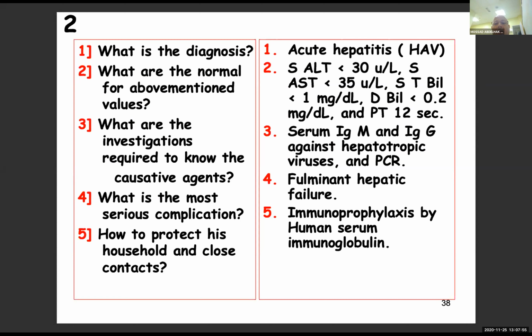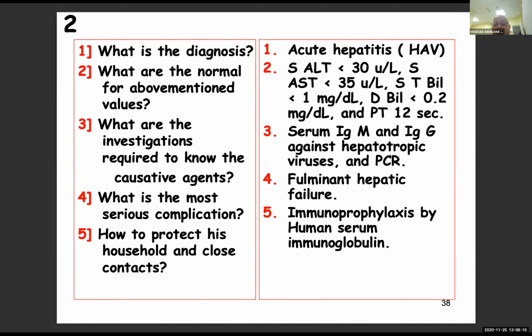This is normal for the investigation. And how can we confirm? We need IgM and IgG for hepatitis A or PCR. But don't forget that any disease can cause organ involvement, so this disease can cause fulminant hepatic failure.